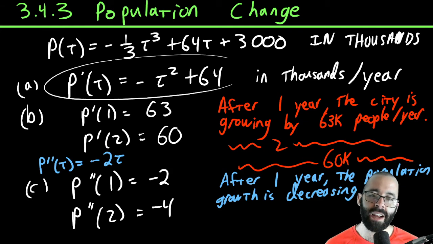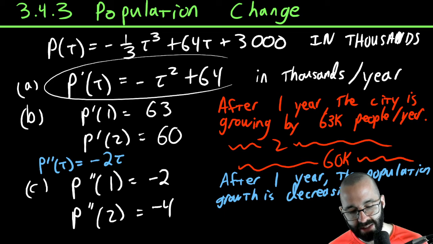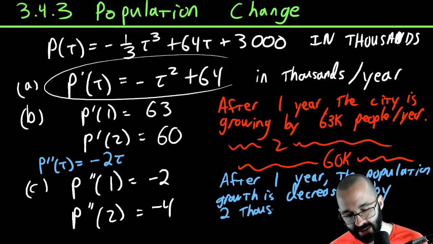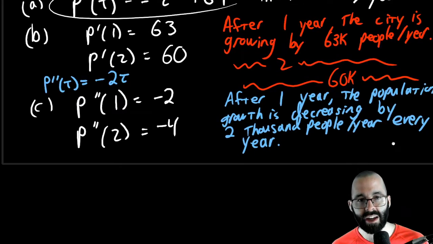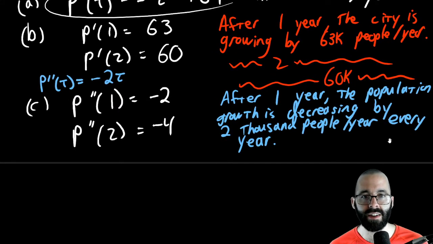It's the rate of change of the rate of change. And specifically, it's decreasing by 2,000 people per year every year. Think of it kind of like acceleration.